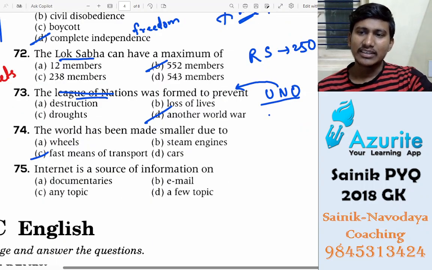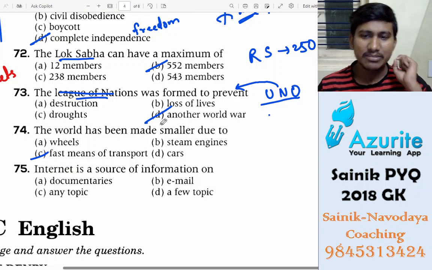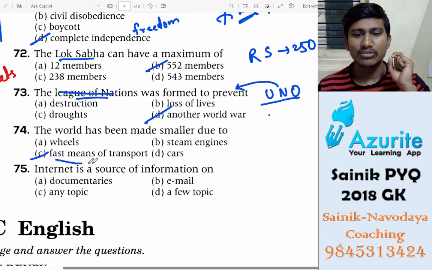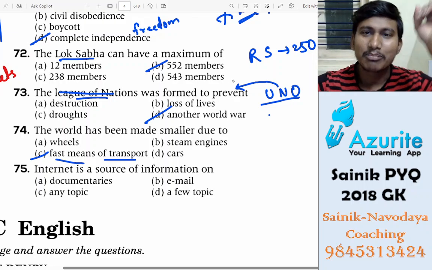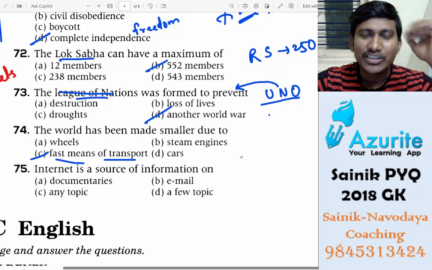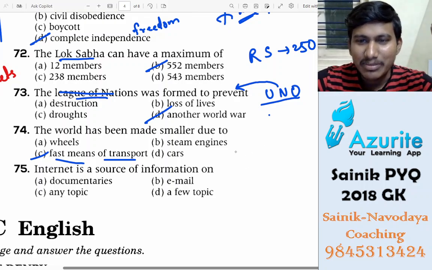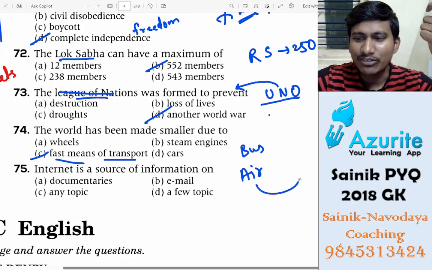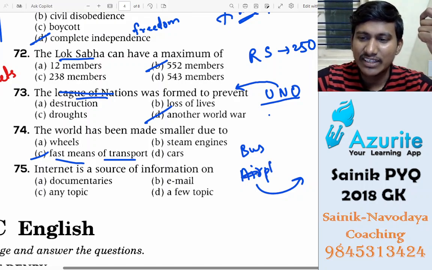So see here, next question, the world has been made smaller due to fast means of transport. You know, planes, aeroplane, right? So train, bus is there. Let us take bus, and then aeroplane. So I will write only plane.